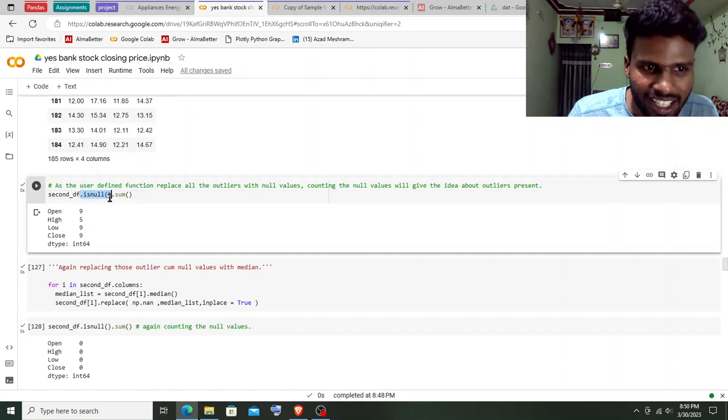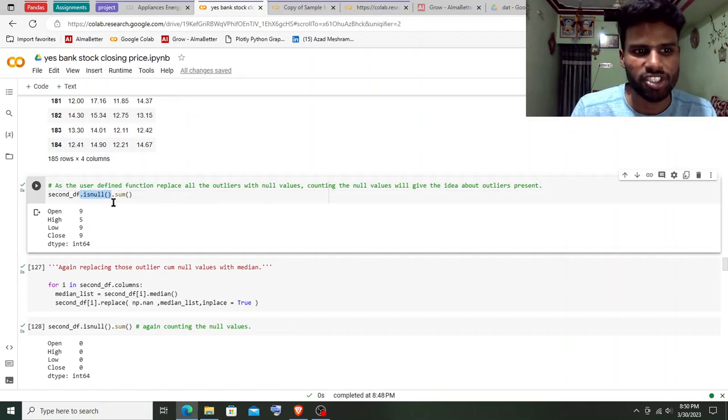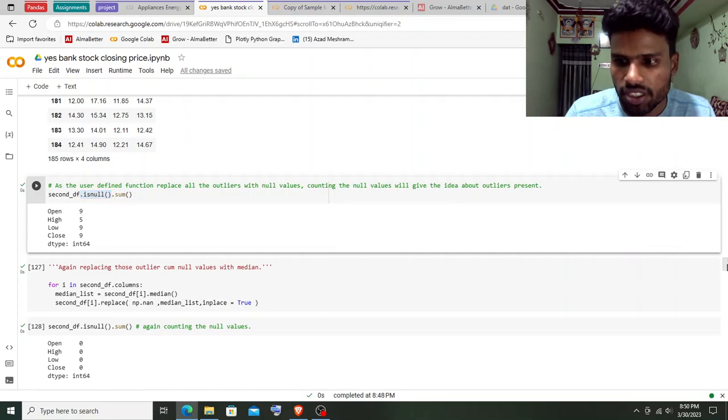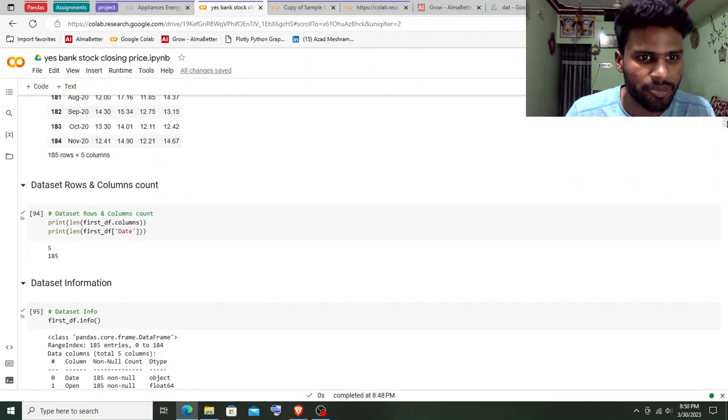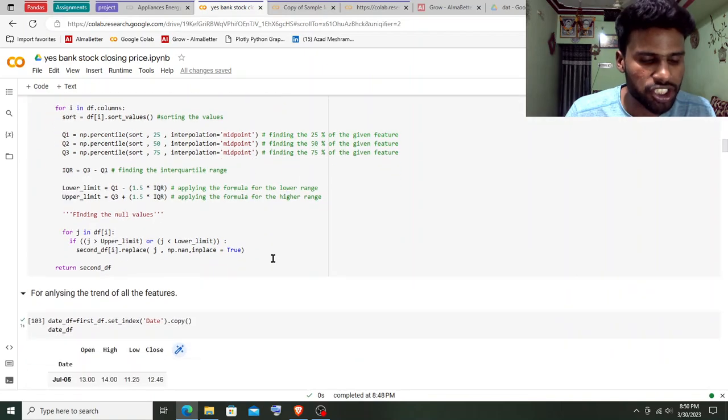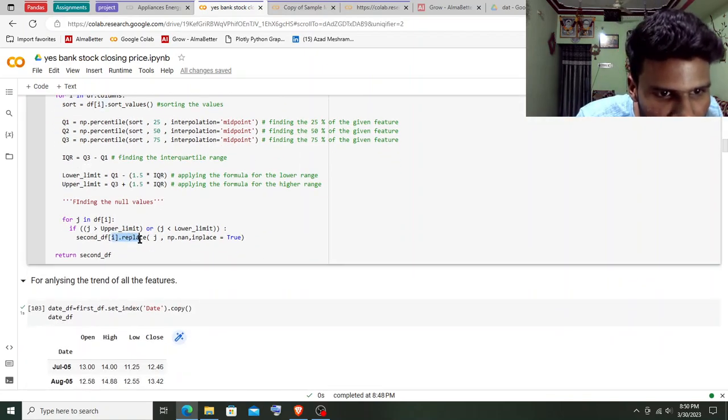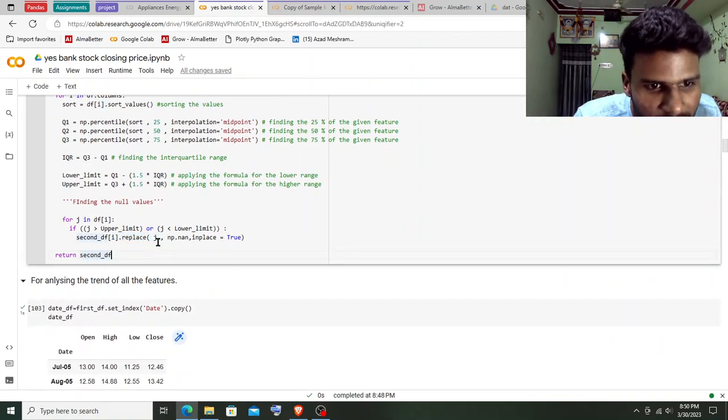So the null check is not giving us genuine null values, because in my user defined function I have replaced the values which are outliers by null values.